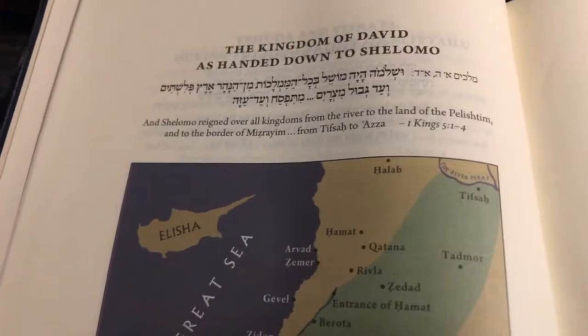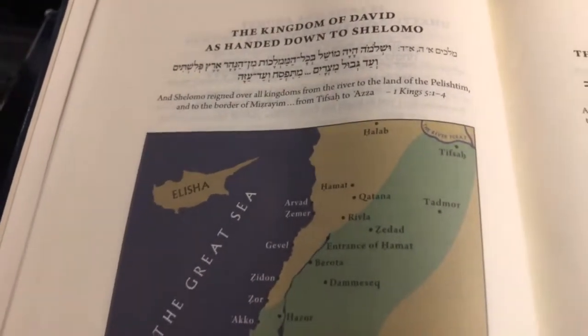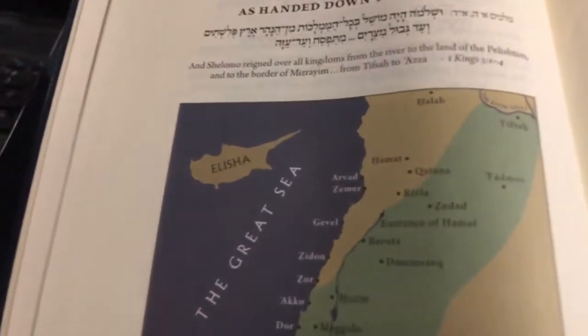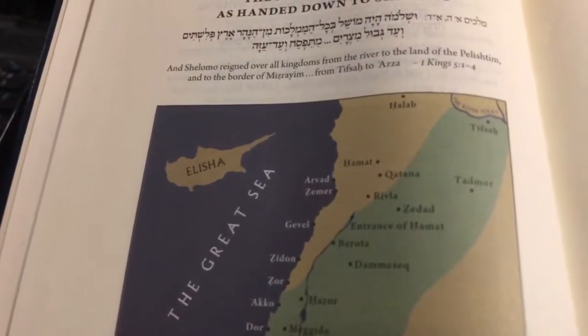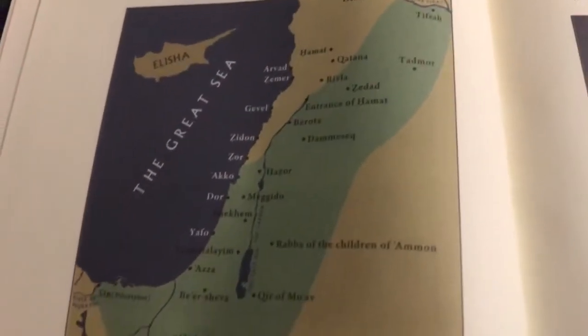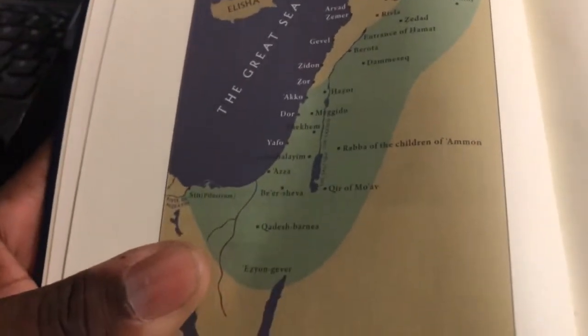And Shalawam reigned over all kingdoms from the river to the land of the Paleshtim, that's the Philistines, and the border of Mitzrayim from Tifsa to Azza, right? You can see that. So very great information, man.